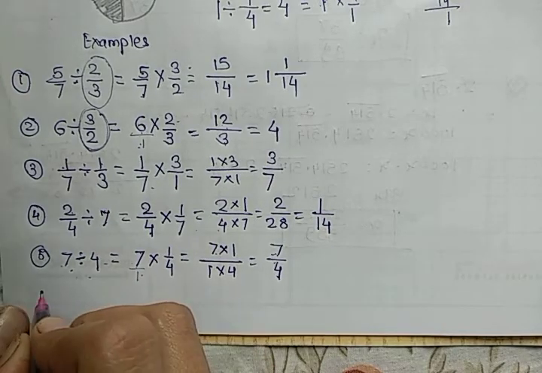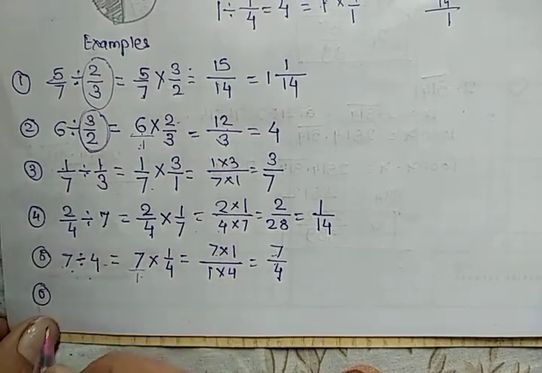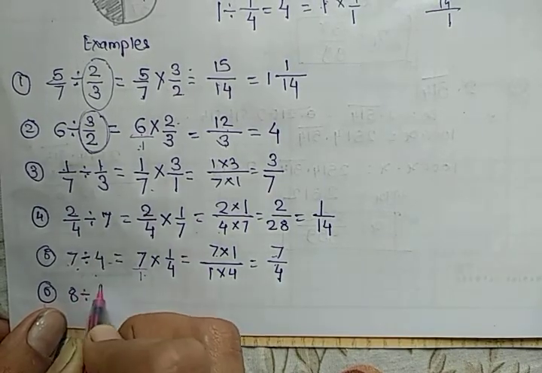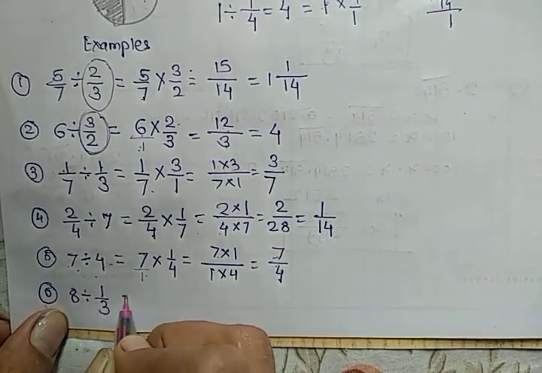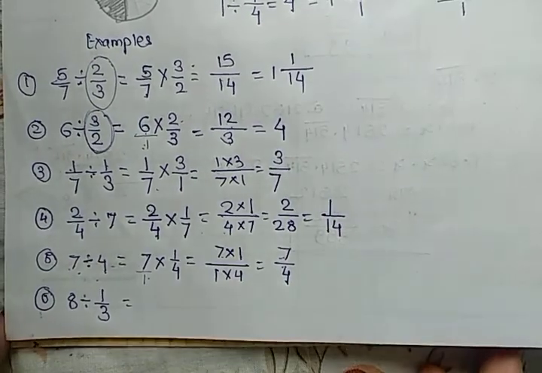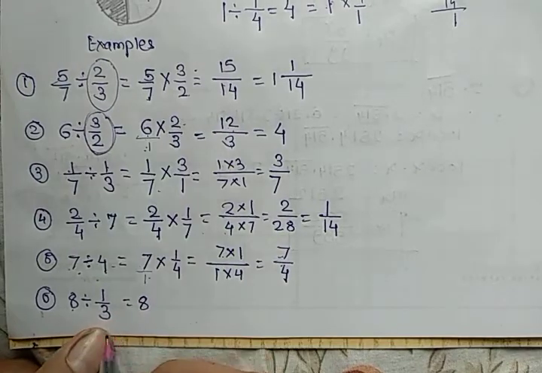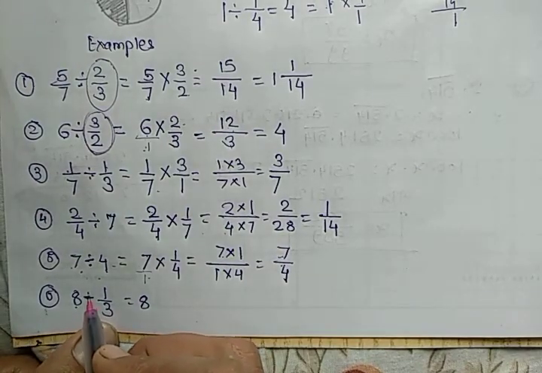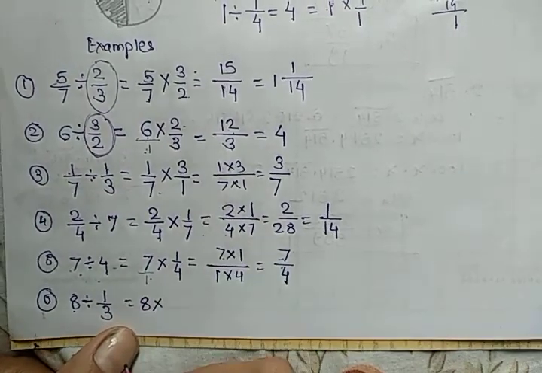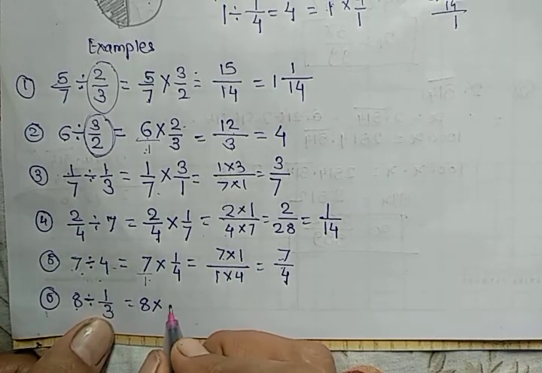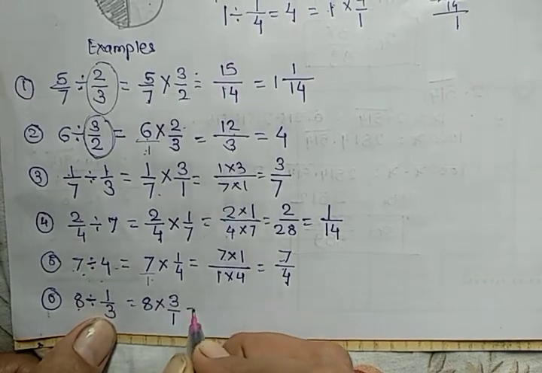Let's see the next example. The example is 8 divided by 1 upon 3. Write 8 as it is. Then convert this division into multiplication and write the multiplicative inverse of 1 upon 3, that is 3 upon 1.